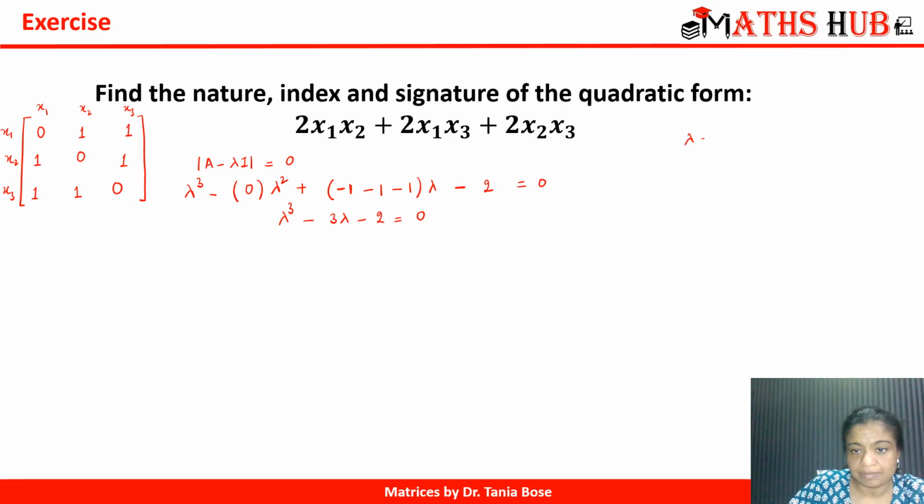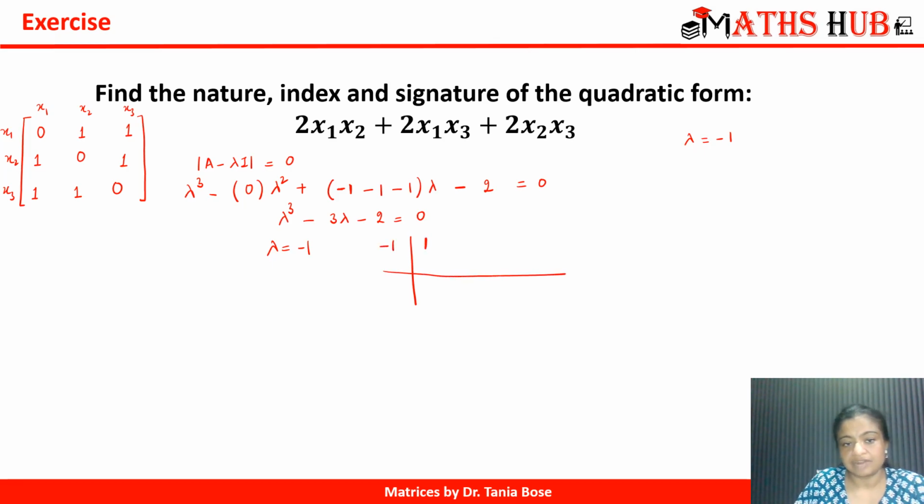So now let us try to calculate one of the roots using the hit and trial method. So let us put lambda equal to minus 1. So minus 1 cube minus 3 into minus 1 minus 2. So this is minus 1, this is plus 3, this is minus 2. So it is becoming 0. So lambda equal to minus 1 is one of the roots of this equation, right? So let us try to calculate the other two roots. So let us put minus 1 over here.